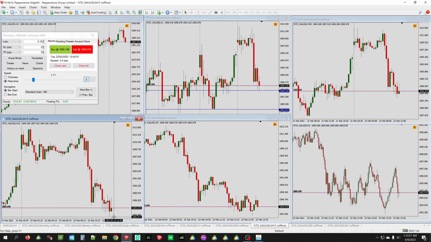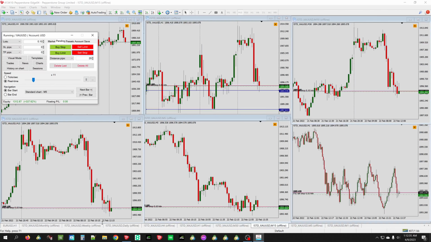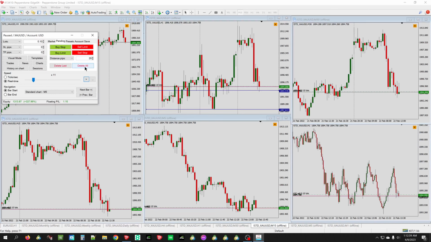Please notice that I will execute sells below 1893 area, and I will place a sell stop below this low, which is around 20 pips. Yes, and I will let it run.